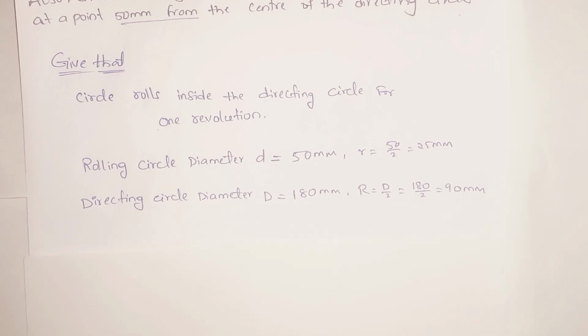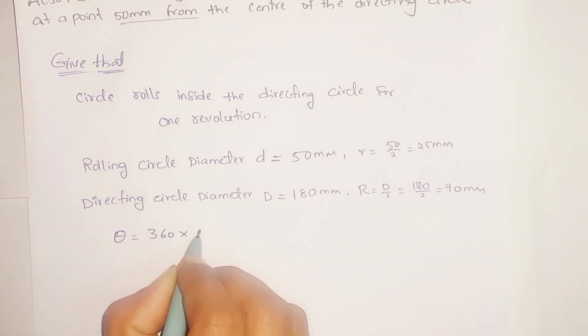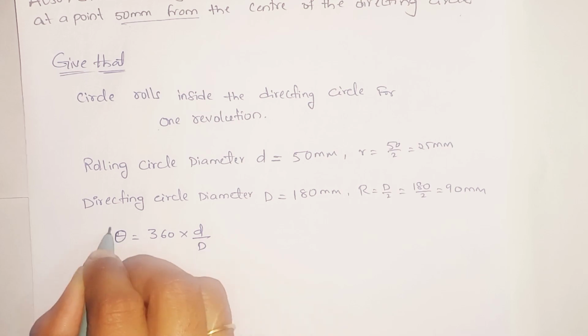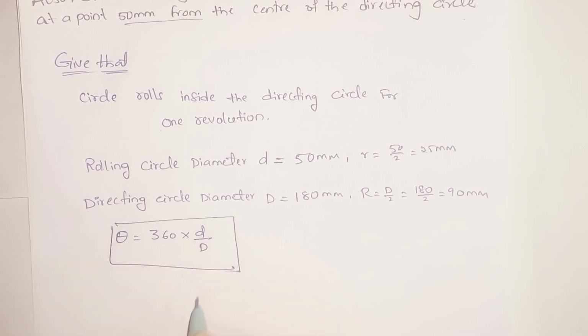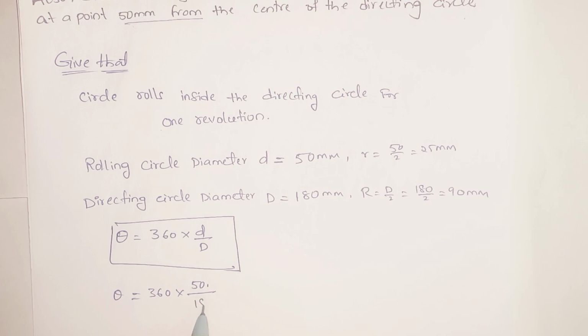Next you have to substitute in the theta formula. What is the theta formula? Theta is equal to 360 into small d by capital D. Substituting, theta is equal to 360 into 50 by 180.